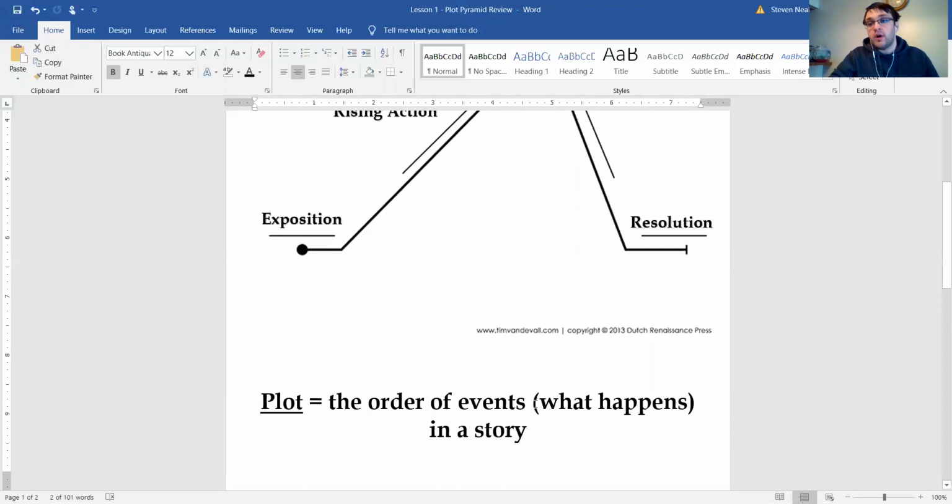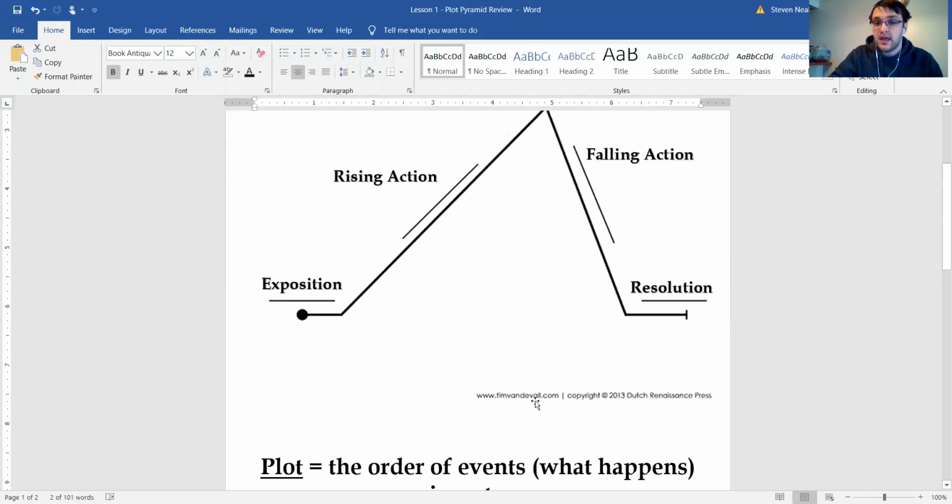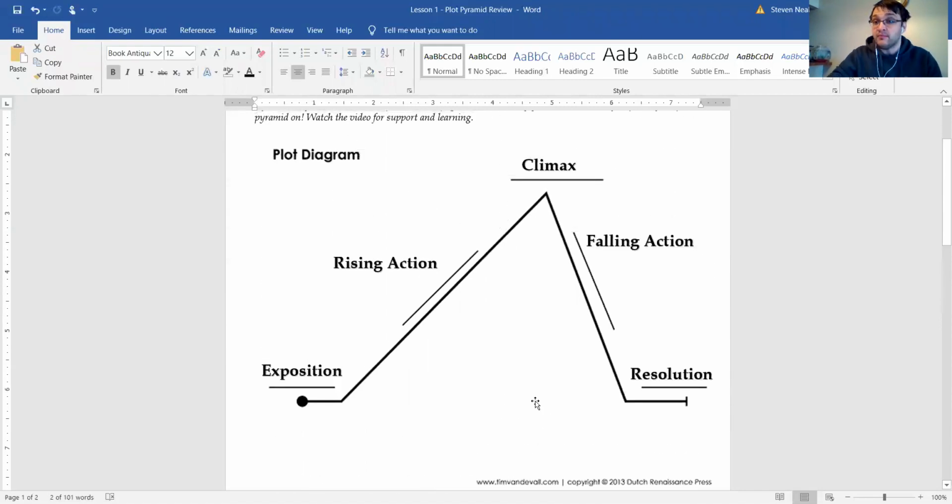Whenever you hear someone refer to the word plot, that means what's happening in the story or the order of events. And normally there is the same order, the same direction, the same path, even though the stories are different. So we're going to review these parts of the plot pyramid for our lesson today.